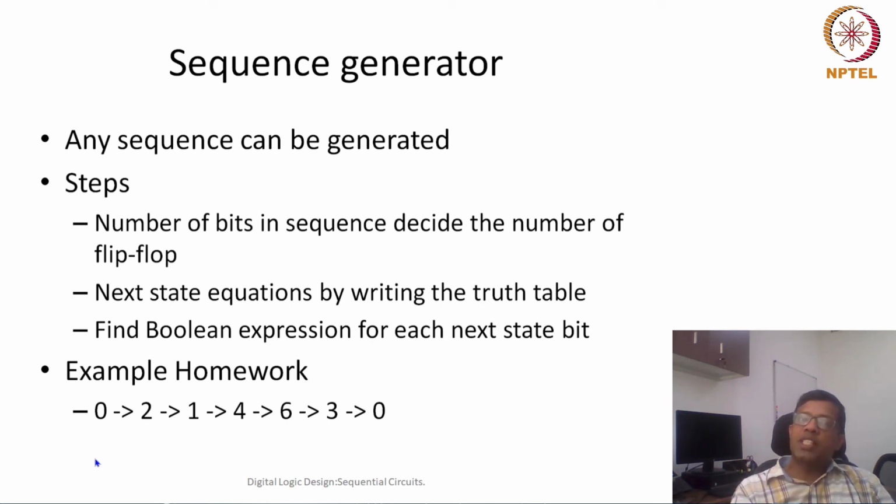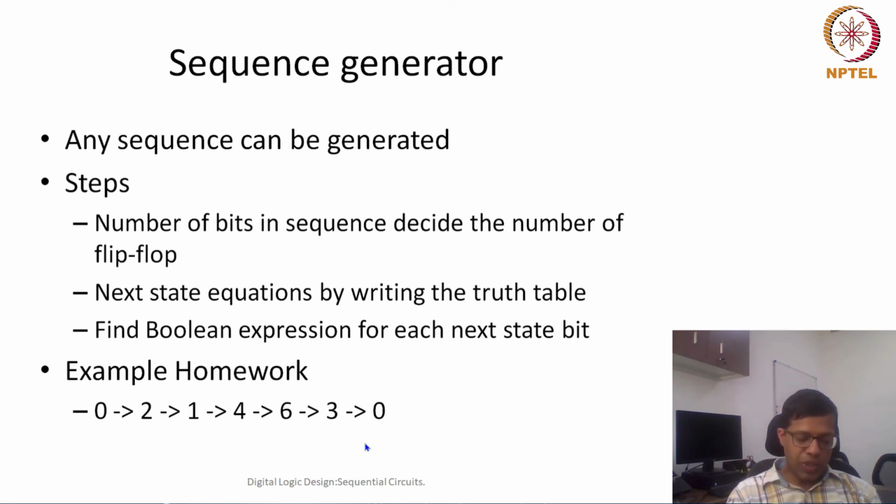And for each next state bit, here for example there would be 3 bits, we can write a boolean expression, and that boolean expression could be assigned to the D input of that particular flip-flop. D would be transferred to Q at the positive edge of the clock. So any sequence generator can be designed using D flip-flops.